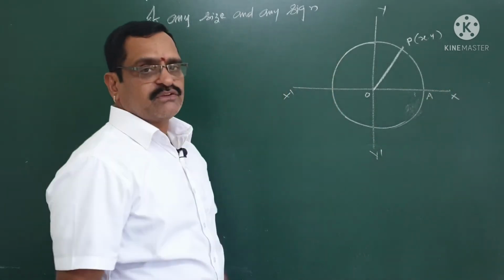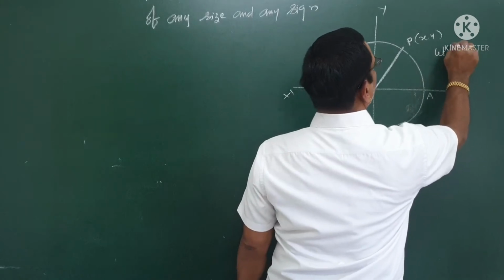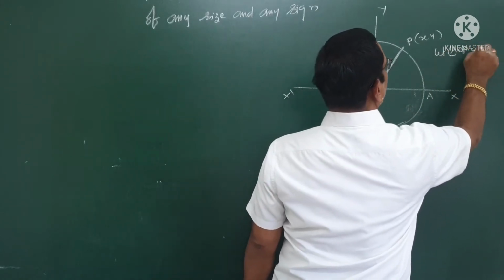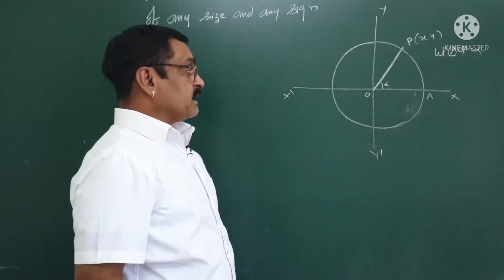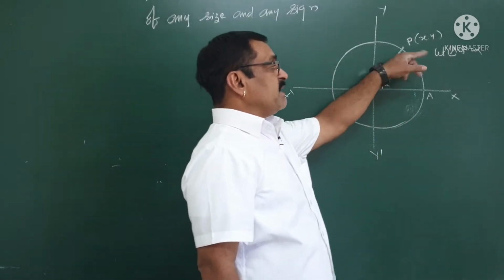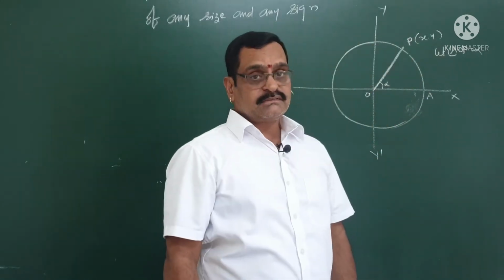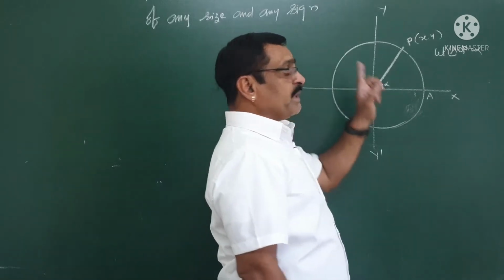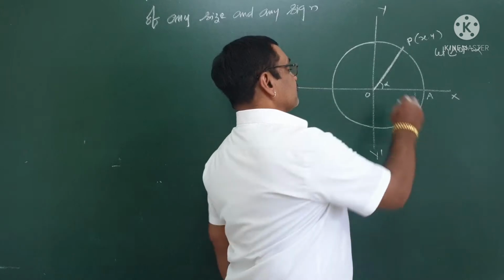Angle AOP is equal to, let's say, alpha. Again I am telling, this point P can be anywhere on the boundary of the circle, and the line OP is making an angle alpha degrees with the x-axis.